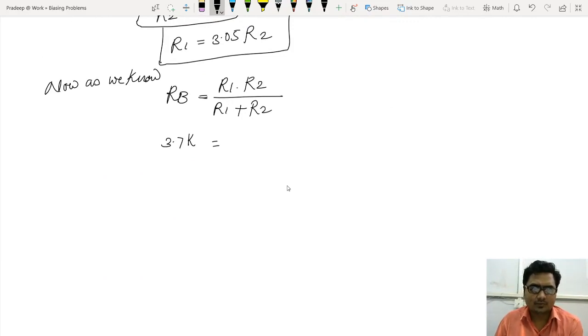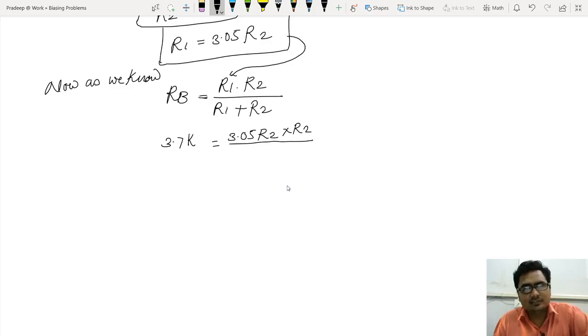So 3.7 K is equal to, now the value of R1, I will use 3.05 of R2, multiplied by R2, divided by, see, everywhere whenever R1 comes, I will use 3.05 R2. Here again I will use 3.05 of R2 plus R2.